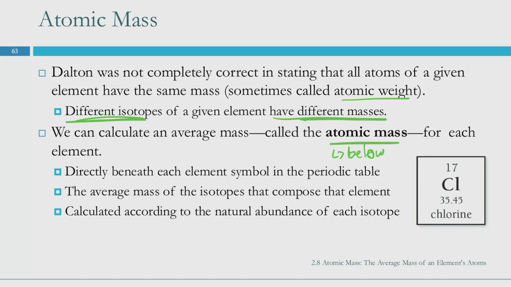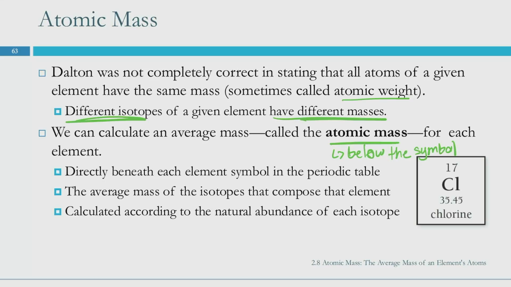The atomic mass is found below the symbol on a periodic table. Writing it makes it easier to find. So for example, for neon, this 20.18 that's in the bottom left corner of the cell, that's the average atomic mass. So for all the isotopes that are naturally abundant, on average, the mass of neon is 20.18.